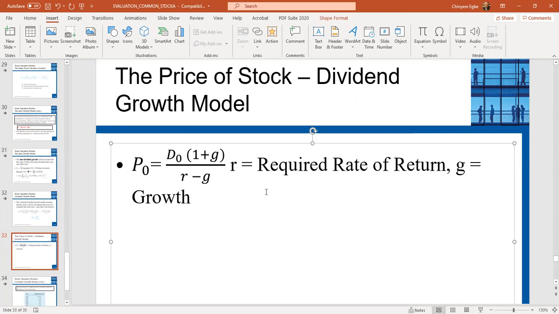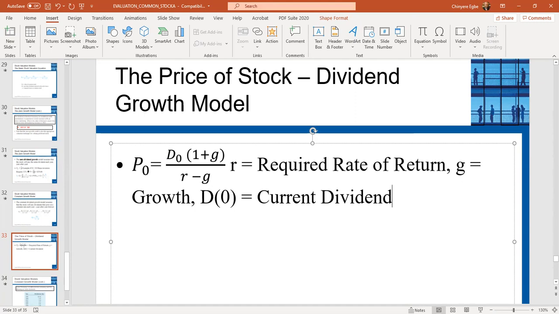All right. And D naught is the current dividend. Current dividend in the sense that this is the dividend that is being paid now.